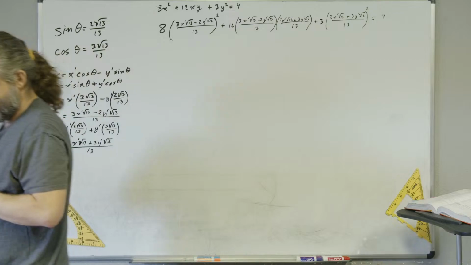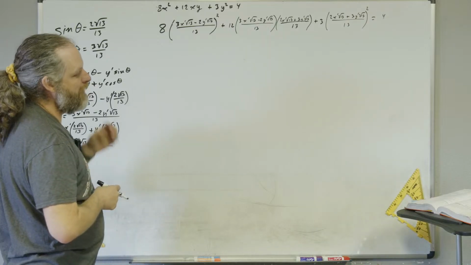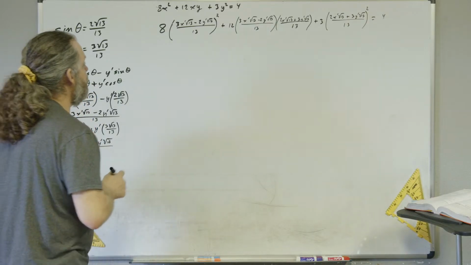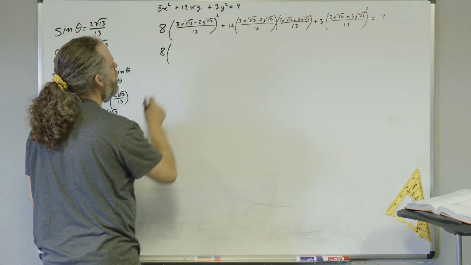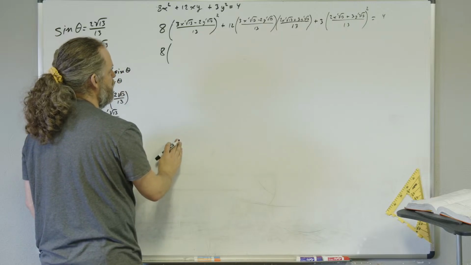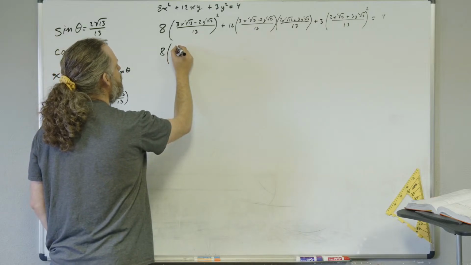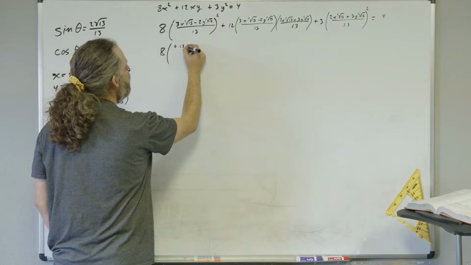Okay. How are we doing so far? Binomial squared theorem. This is probably where we made a mistake if we made one, so let's see what happens. All right, 8 times. This squared would be 3 squared times 13. I'm going to write 9 times 13, just so maybe we'll make fewer mistakes.